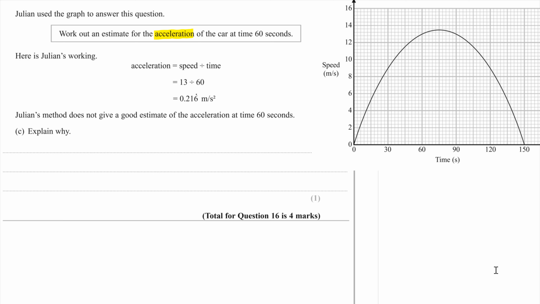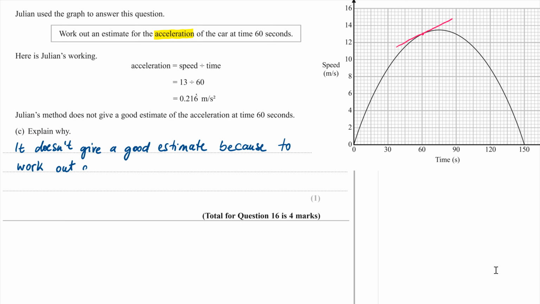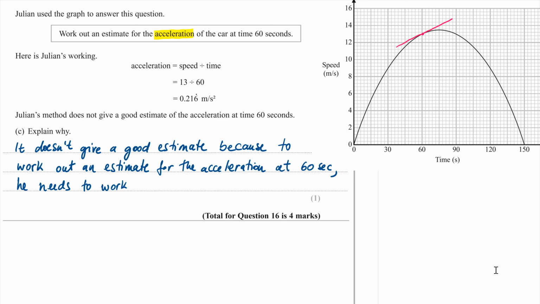Explain why. We can see that Julianne just simply took the coordinate point 60, 13, but what she should have done is draw a tangent at that point and work out the gradient of that tangent. So the explanation is that it doesn't give a good estimate because to work out an estimate for the acceleration at 60 seconds, she needs to work out the gradient of the tangent.